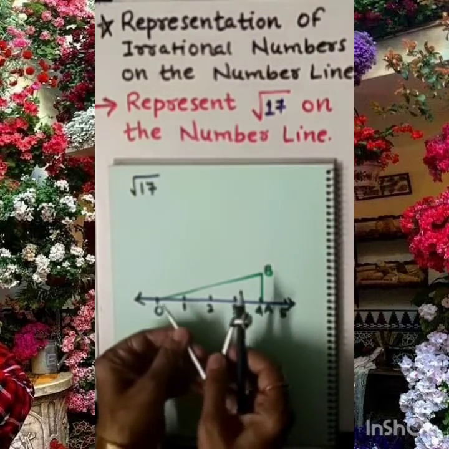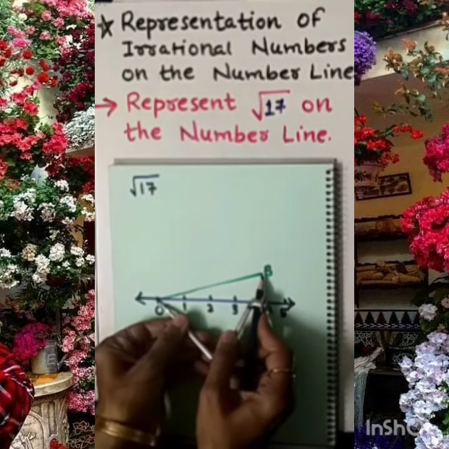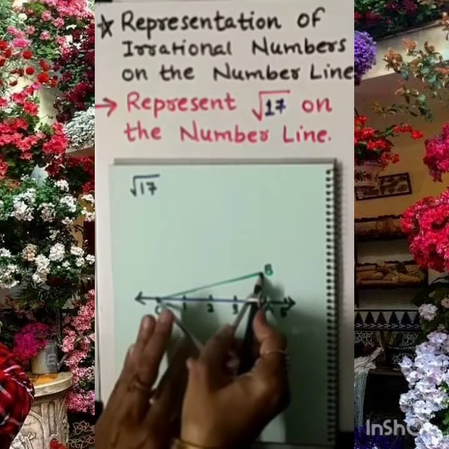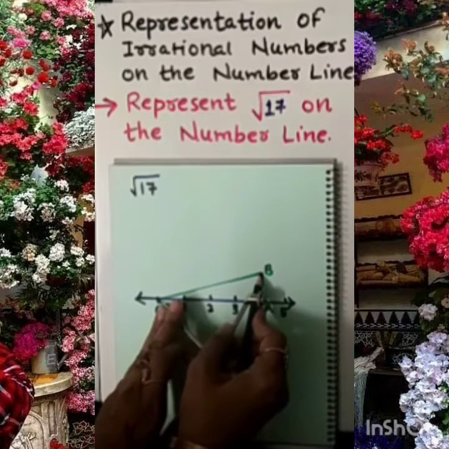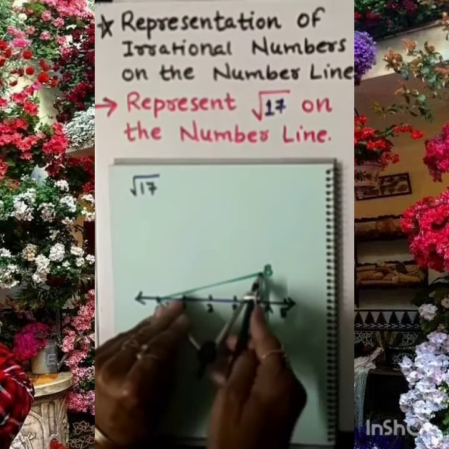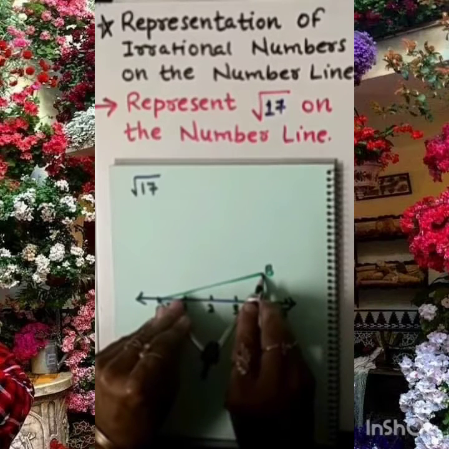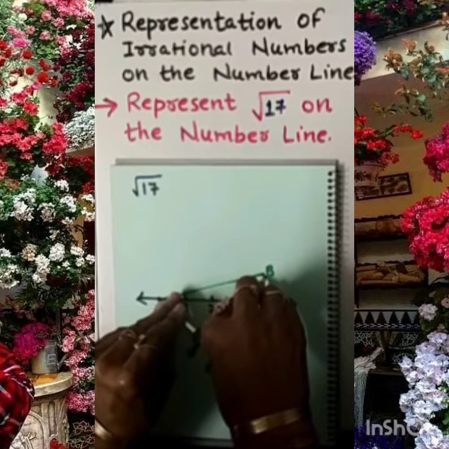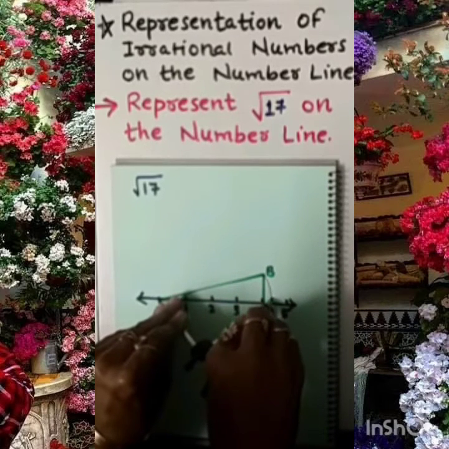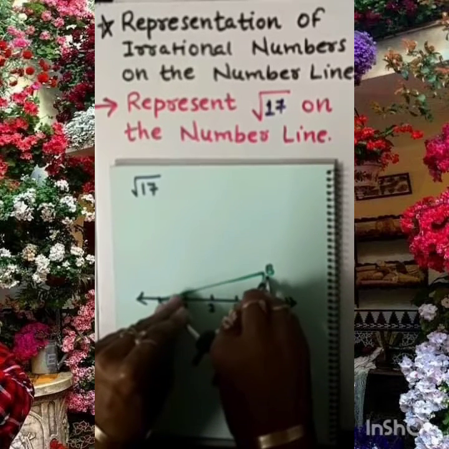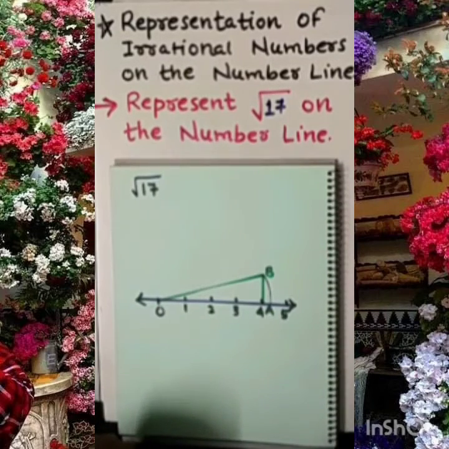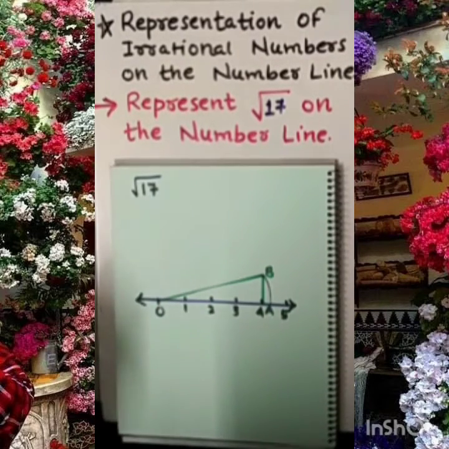As usual, take your compass and measure the radius from O to B. You can see on your screen. If you measure O to B and draw the arc from point B, then it will intersect somewhere here on the number line. That point I am giving the name C point.